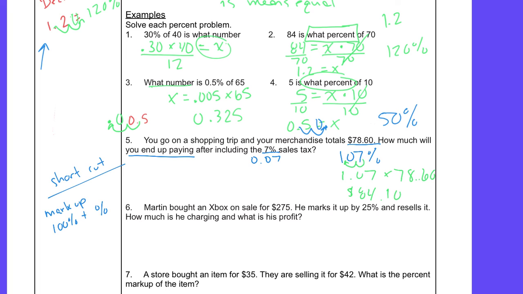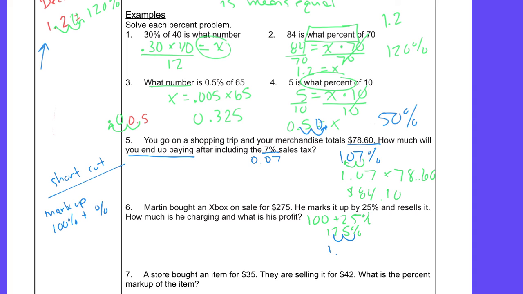So he's going to charge the whole $275 plus an additional 25%. So he's going to charge 100% of what he paid for it plus an additional 25%. So that's 125% altogether. So turn that into a decimal. 1, 2.